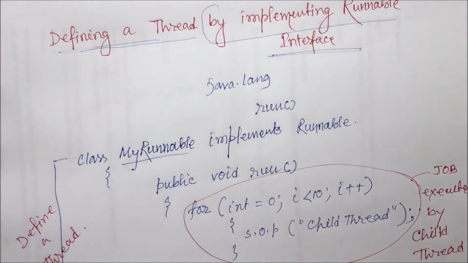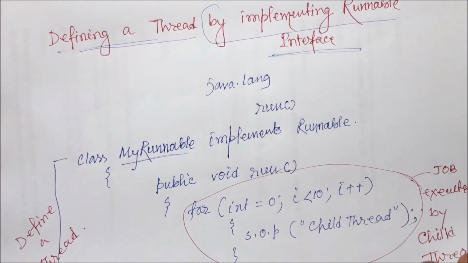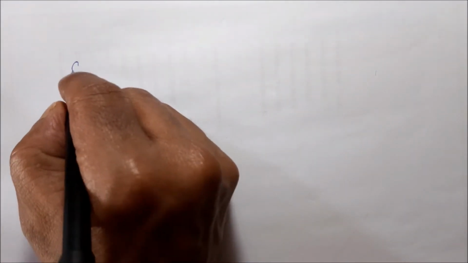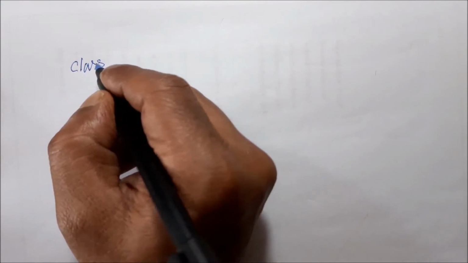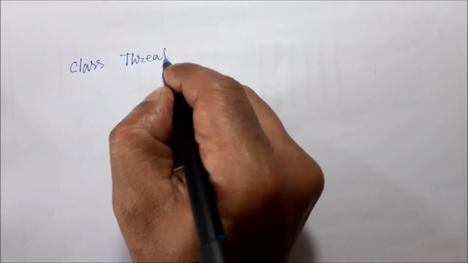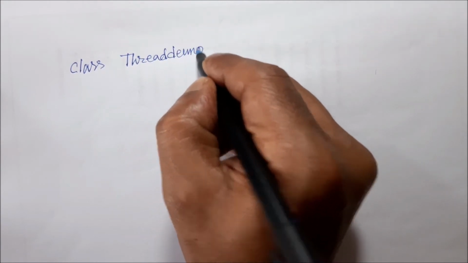Now, we have defined a thread. So, how can I create an instance of a thread class? I am taking the simple one, with the same class name as the previous example, ThreadDemo.